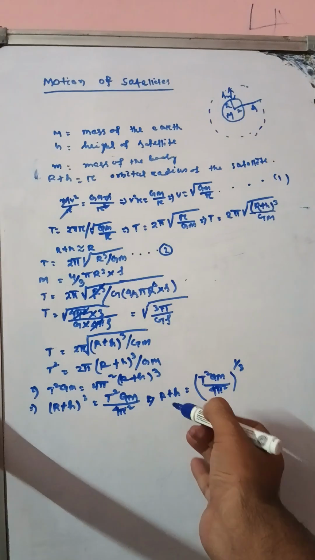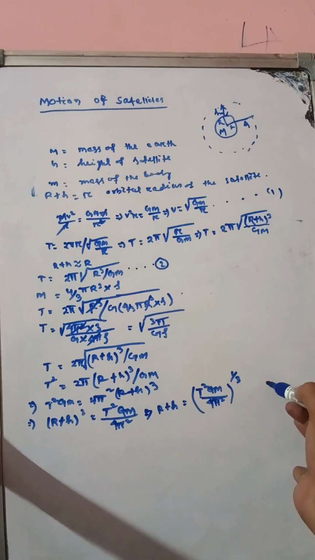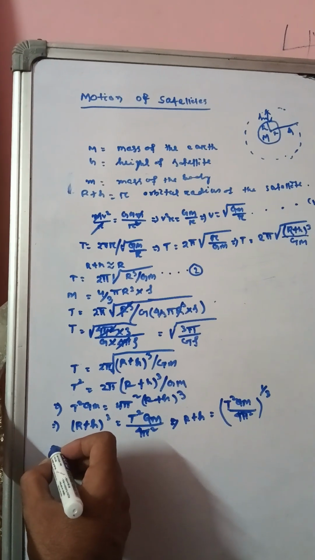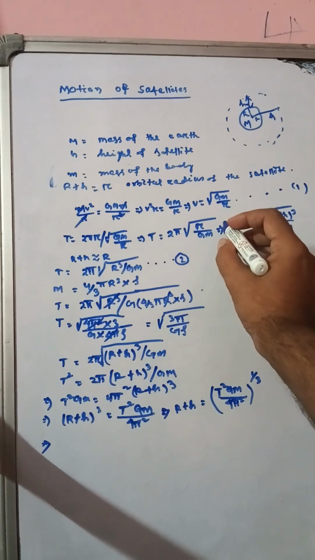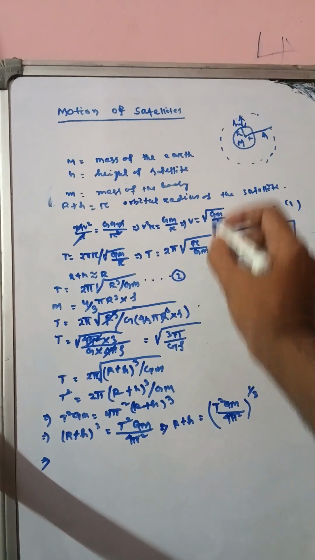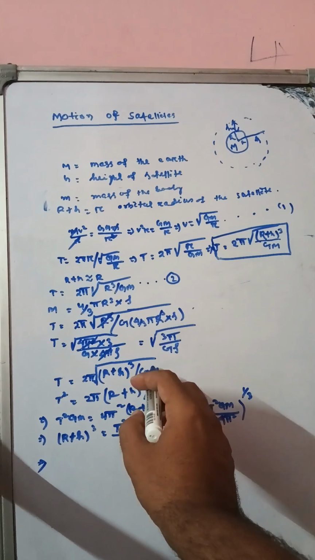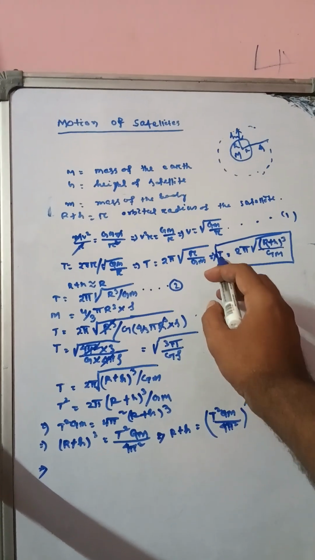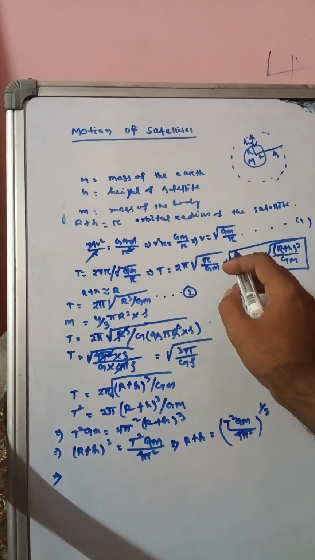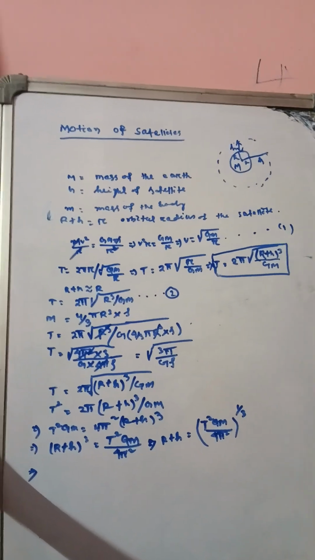Then h is equal to that minus R. We take R to this side, minus R. This implies that we can calculate with this equation. We get T square GM is equal to 4 pi square (R plus h) whole cube. Clear?